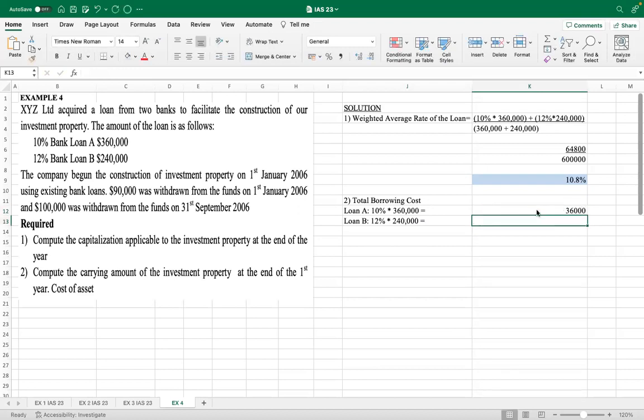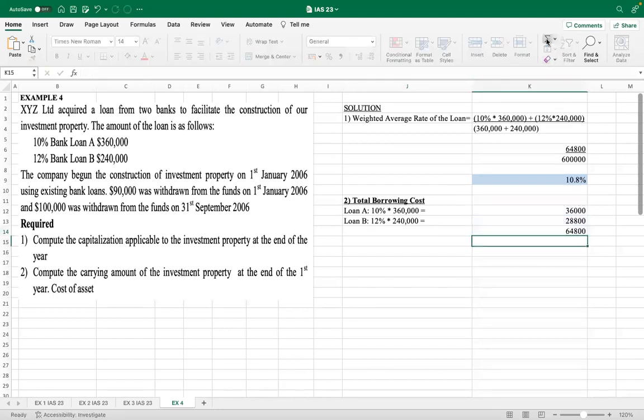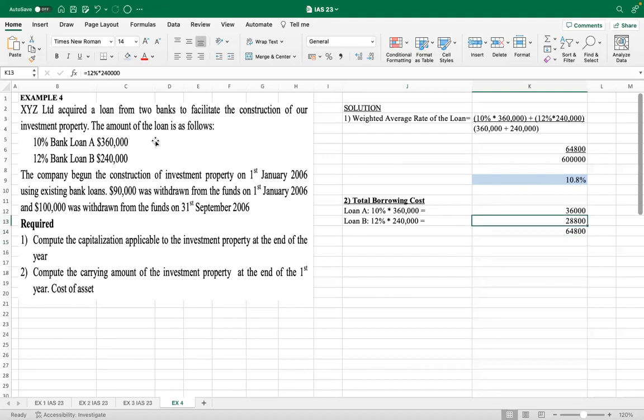To bank B, you will pay 12% times 240,000. So what is the total? That gives us the total interest paid on the loan borrowed, in other words, the total borrowing costs.